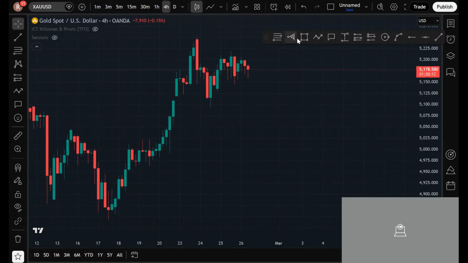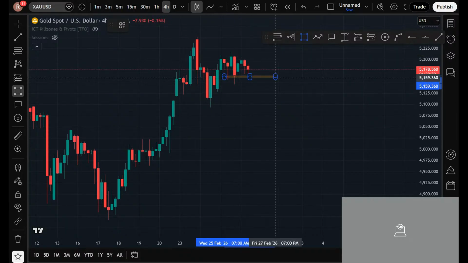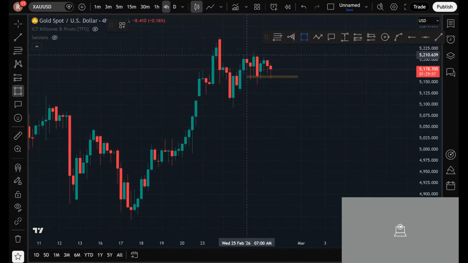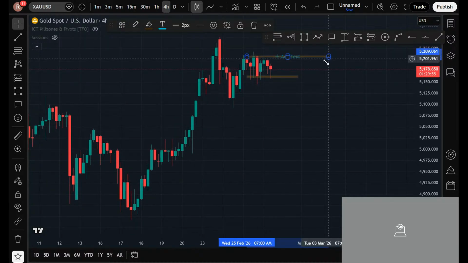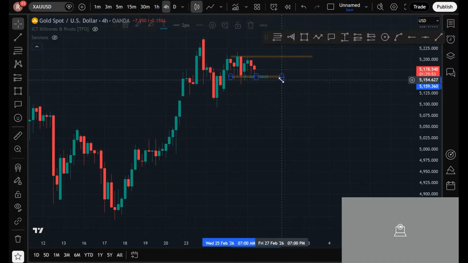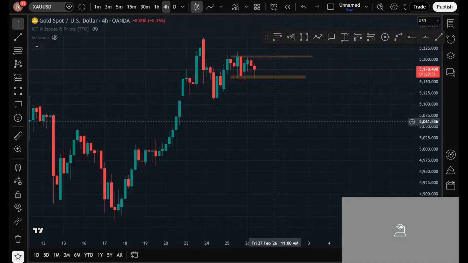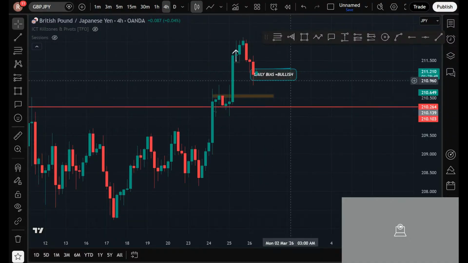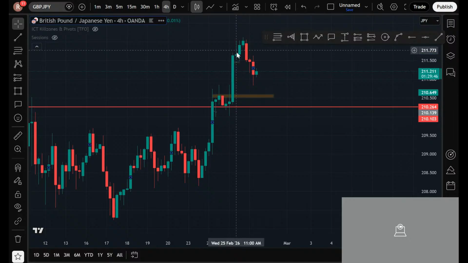In 4 hour time frame, buyers were in control, sellers took control again, buyers are weak, sellers are weak, which means price is just trapped in this ranging zone, which means it's hard for us to take trades on a setup like this.